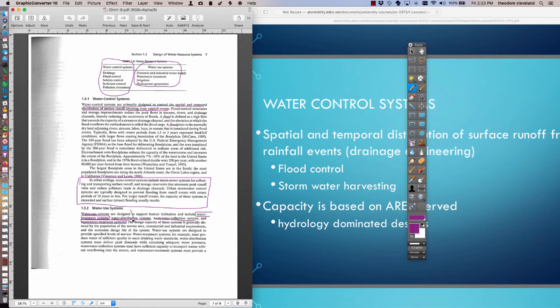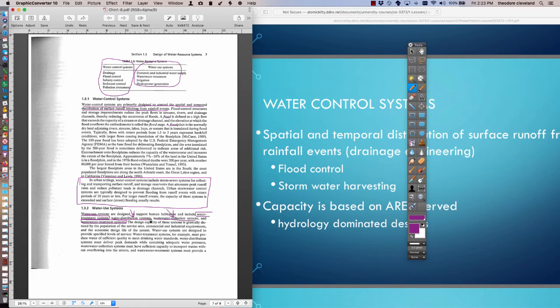We will focus to some extent on water distribution systems and collection systems. A wastewater collection system is not much different than a stormwater collection system, except the volume is far more predictable.